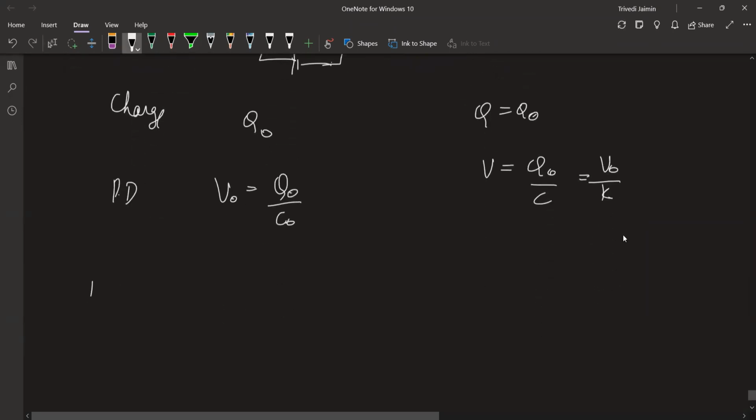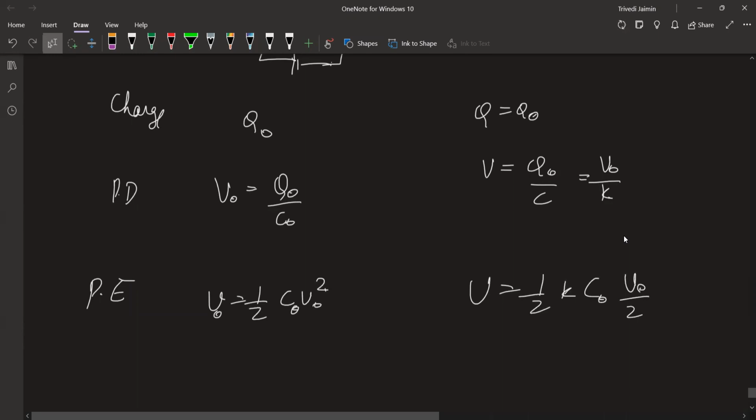Now, potential energy U equals half C V squared. If it is U naught with C naught, then U will be half K C naught times V naught by K, whole squared.